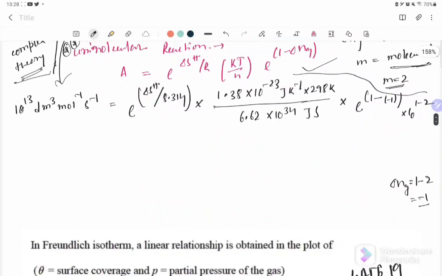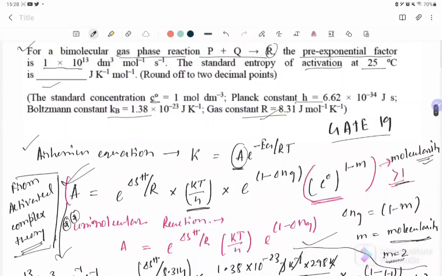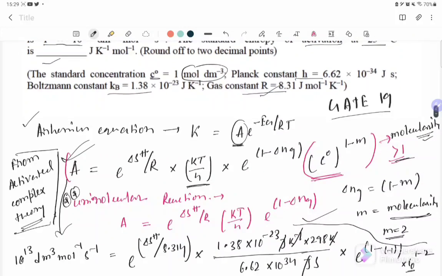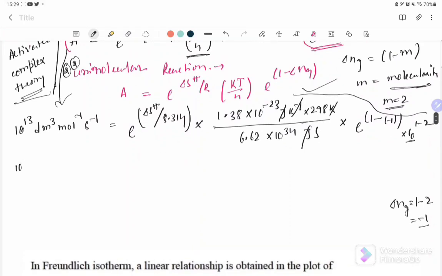Here joule cancels out and Kelvin cancels out. C0 to the power minus 1. What is C0? The unit is mole dm cube inverse.